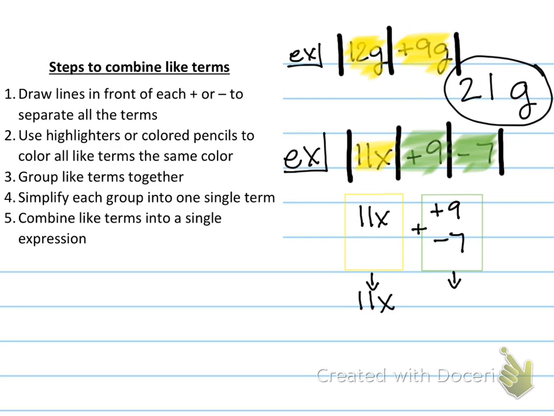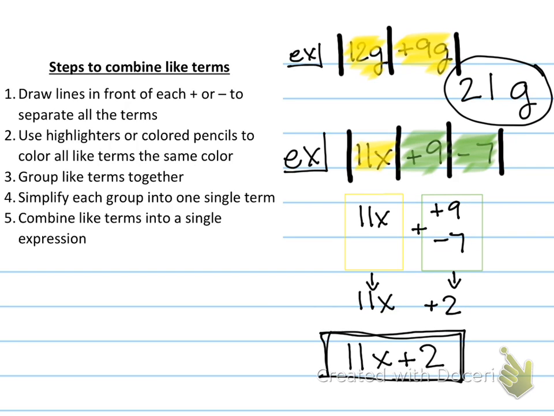And positive 9 plus negative 7, if I add those together, I'm going to get positive 2. And then number 5 says to combine terms into a single expression. So that ends up being 11x plus 2. And that is my simplified expression right there.